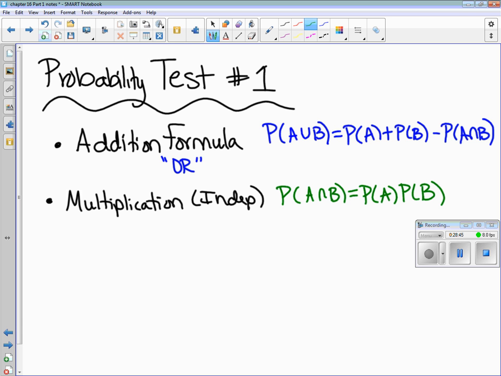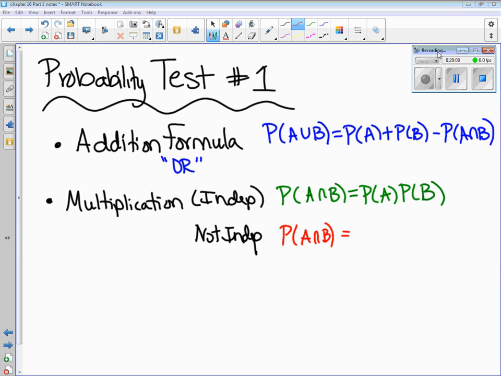If they're independent. Now, oftentimes they're not independent and they're conditional, right? So if they're conditional, how does this change? The probability of A and B. Look at your formula sheet if you're not familiar. Get your formula sheets out if you're not sure.